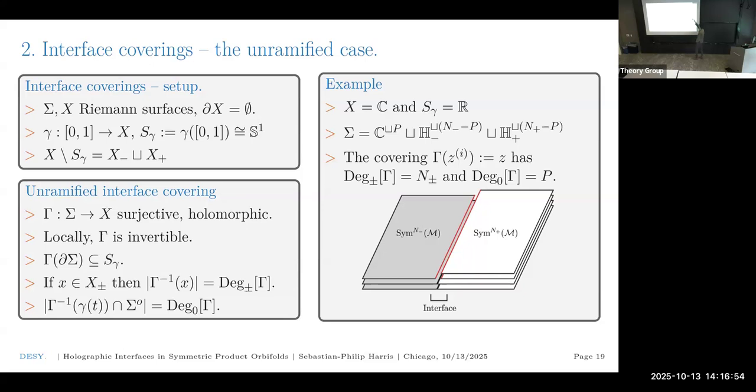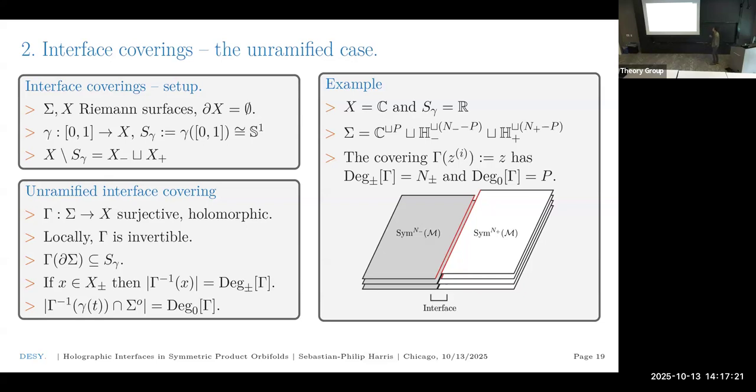And finally, the degree of transmissivity of this map is just p, because all of the pre-images of elements of the real line that land in either of these half planes are on the boundary of sigma, and this degree of transmissivity counts those points in the pre-images that lie in the bulk of sigma.